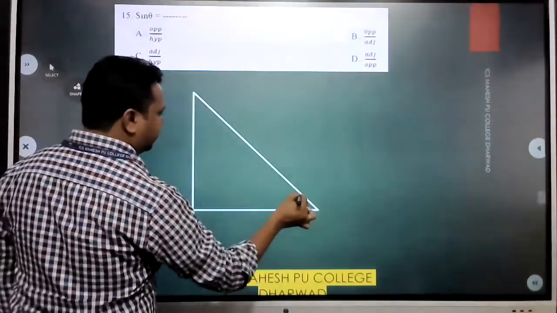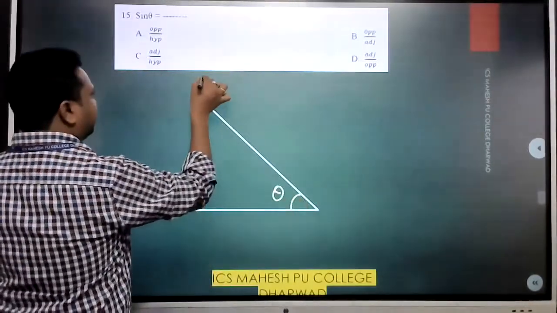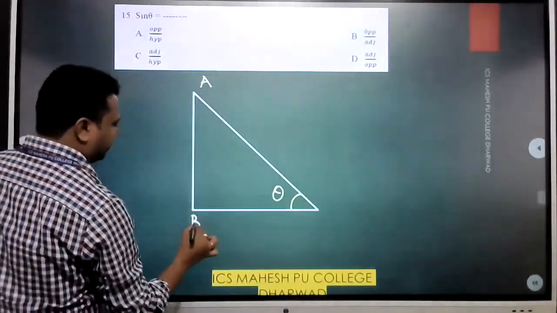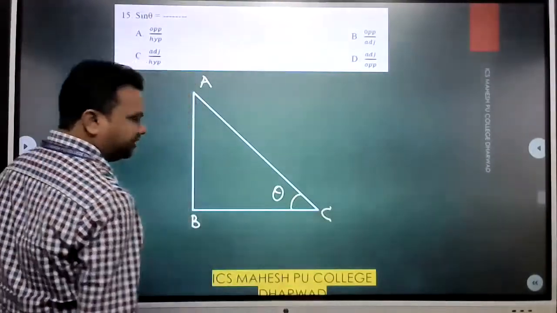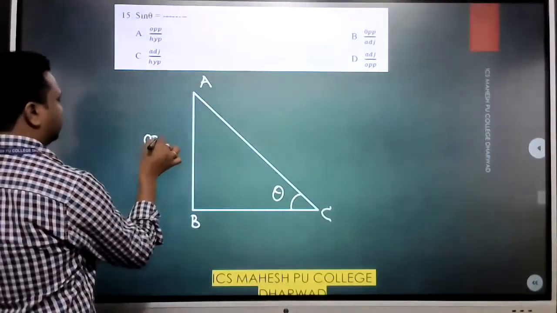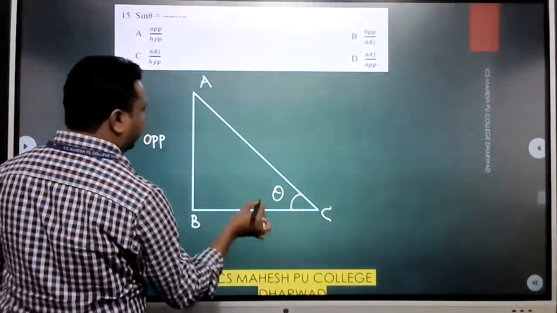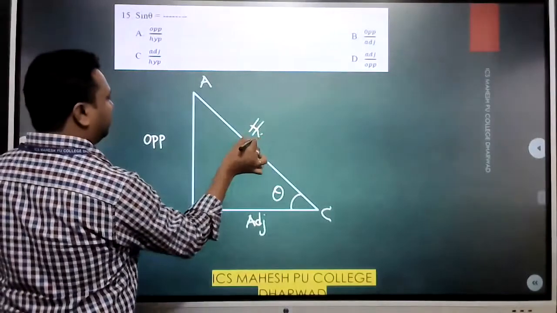Let me consider this angle as theta. So ABC is a right angled triangle, and if you consider C as theta, then opposite to theta, AB is called the opposite side. Adjacent to theta, that is BC, is called the adjacent. As you all know, this is called the hypotenuse.